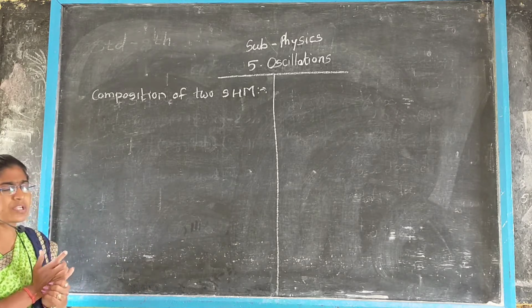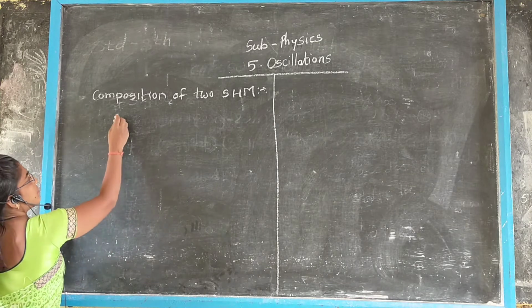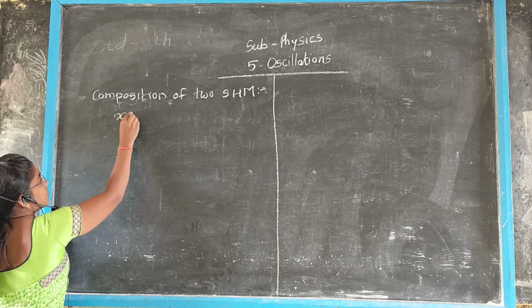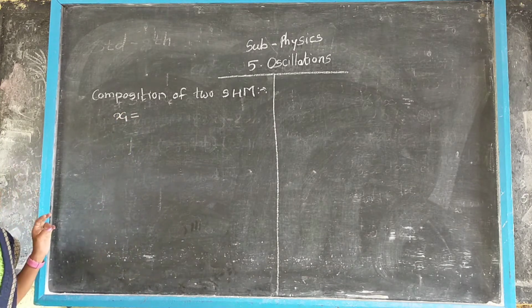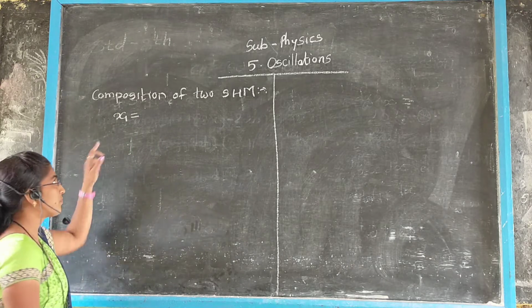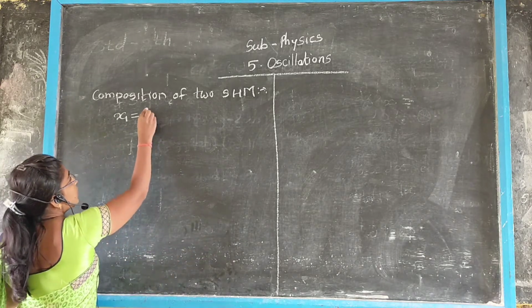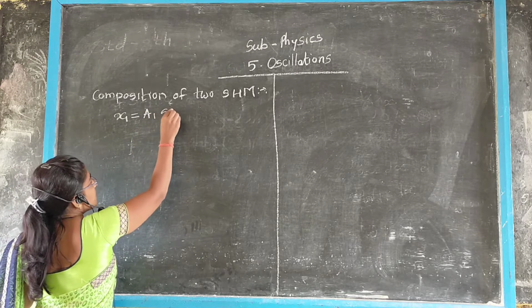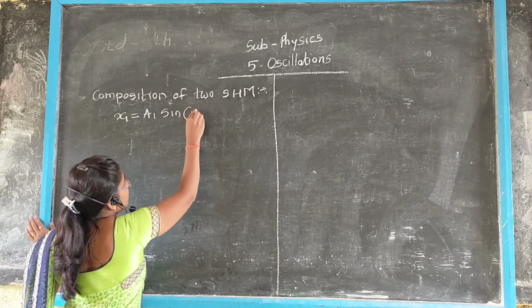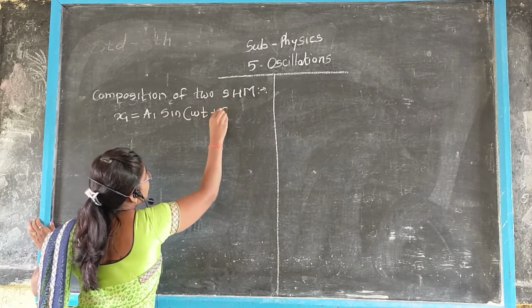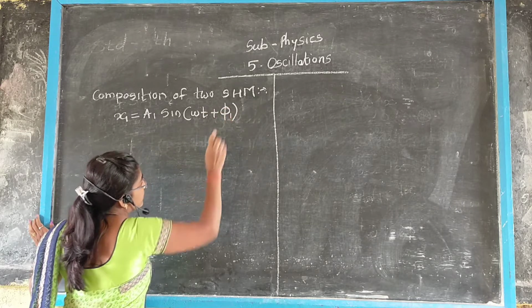Therefore, now we have to consider the equation of displacement of two SHM. x1 is equal to a1 sin(omega t plus phi 1).